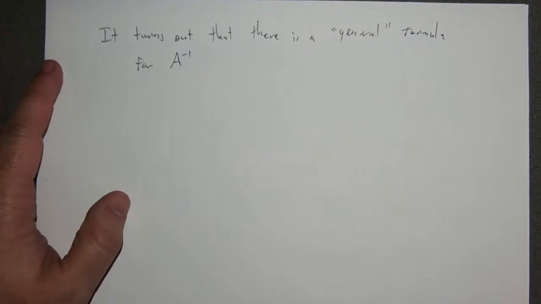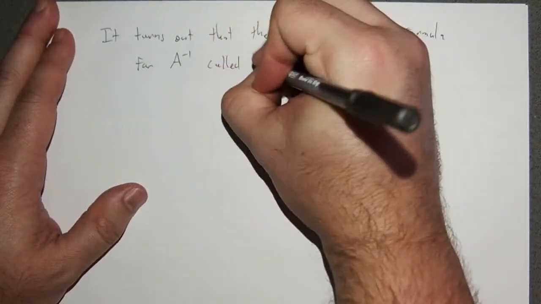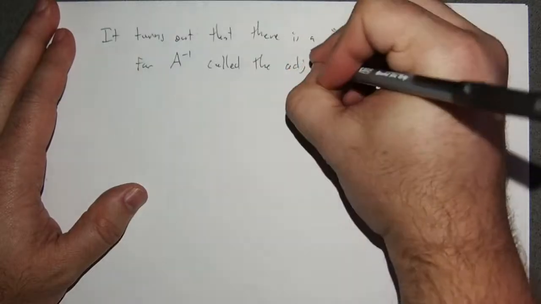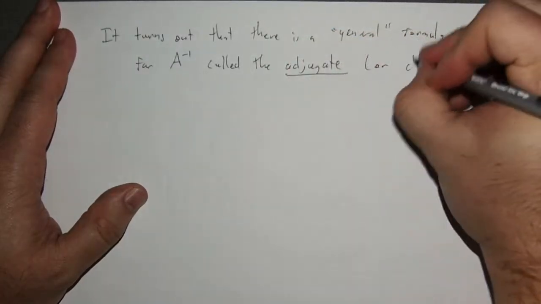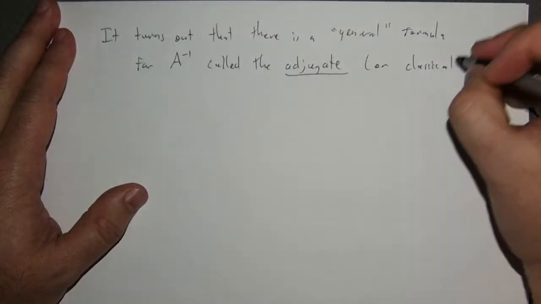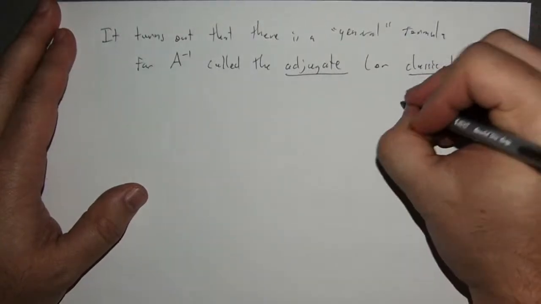This is something called the classical adjoint. This is called the adjugate or classical adjoint formula.